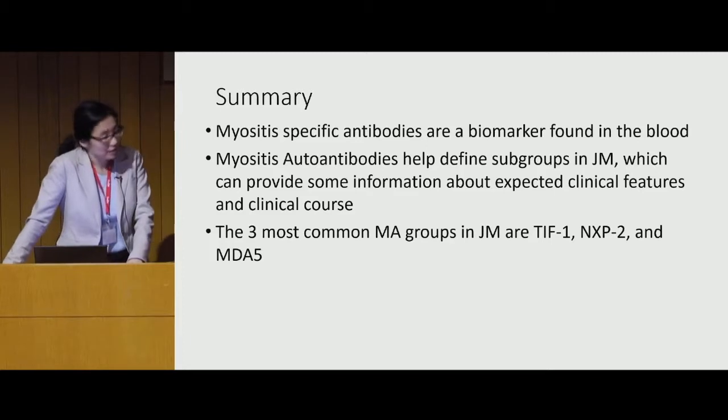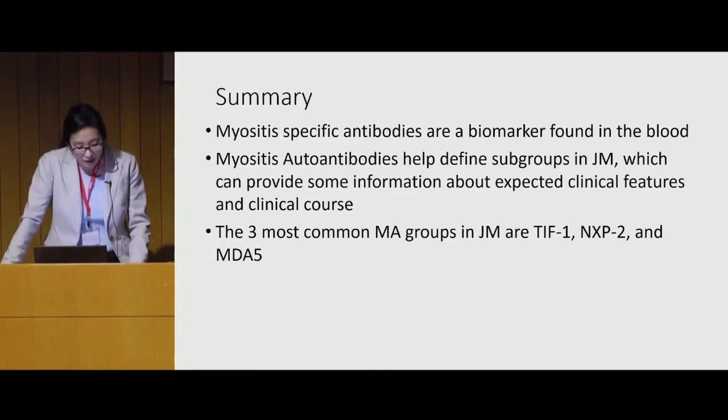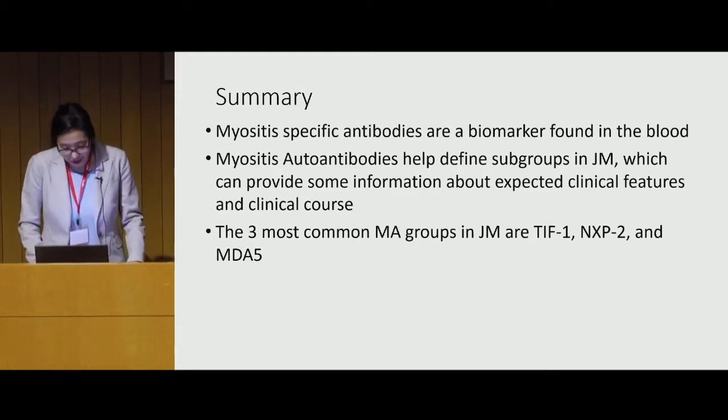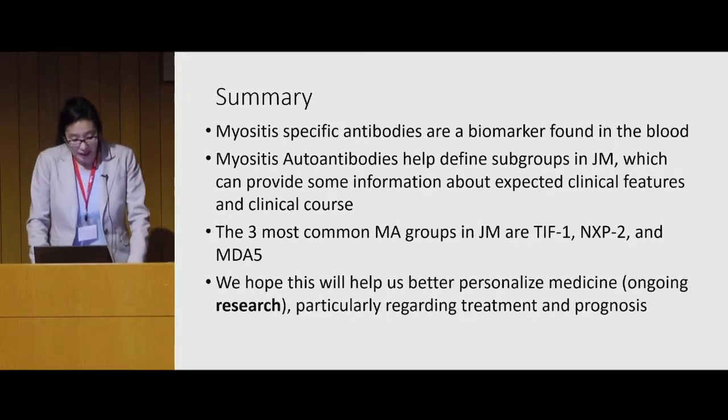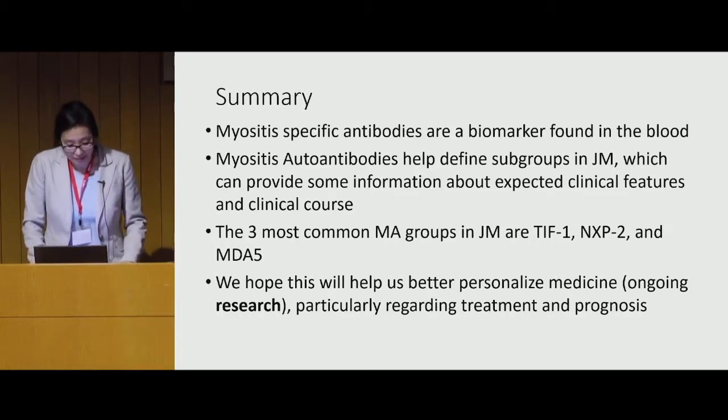And the three most common myositis-specific antibody groups in juvenile myositis are anti-TIF1 or P155-140, anti-NXP2 or anti-MJ, and the anti-MDA5 groups. And overall, we're hopeful that this will help us better personalize medicine.